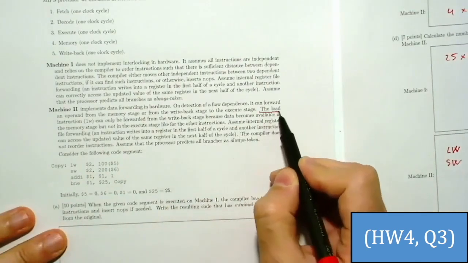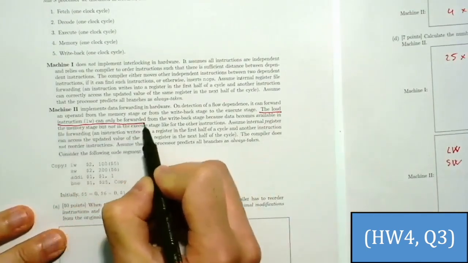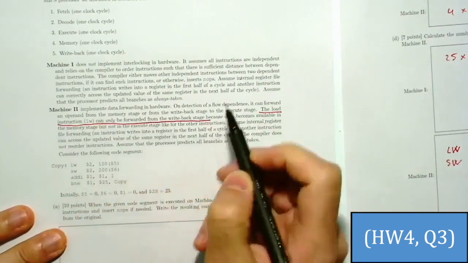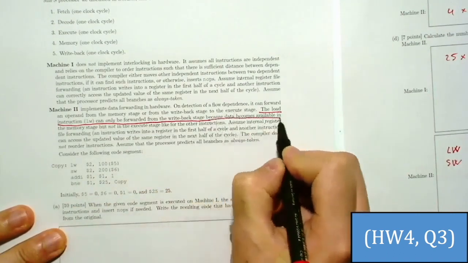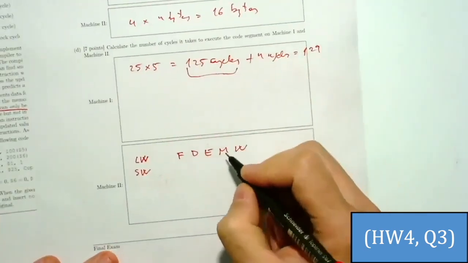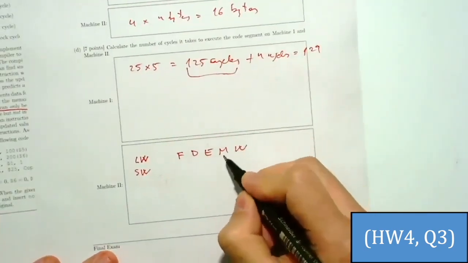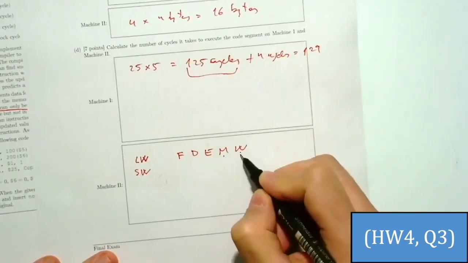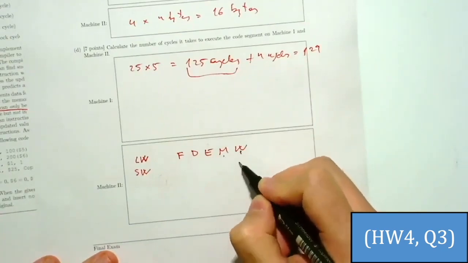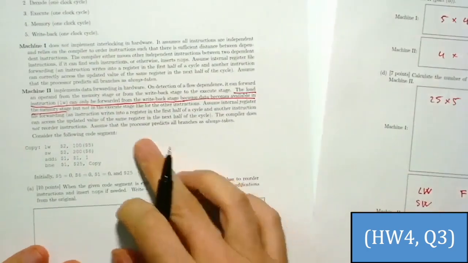the load instruction can only be forwarded from the write back stage because the data becomes available in the memory stage. So the data becomes available here. So from here, we can forward this data to the execution stage. So it's specified here, right?